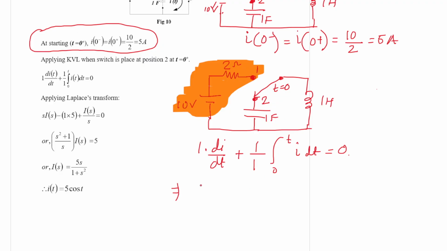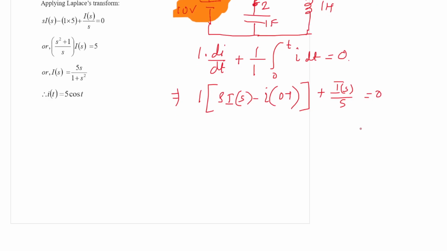So we have 1 into sI(s) minus I0 plus, then we have I(s) by s, that should be equal to 0. So we have I(s) common. If we take I(s) common, then it should be s plus 1 by s, and I0 plus, this is actually 5 ampere.